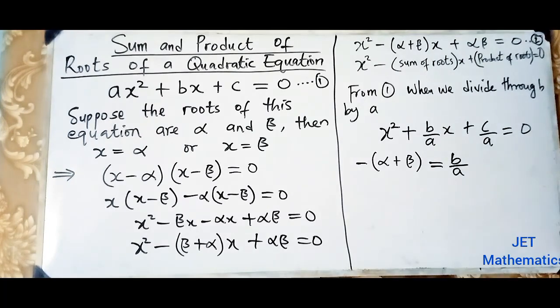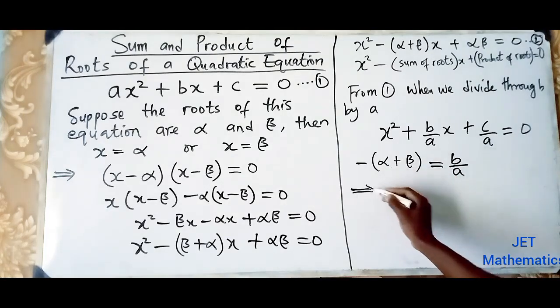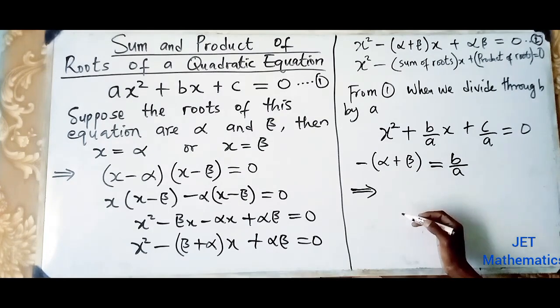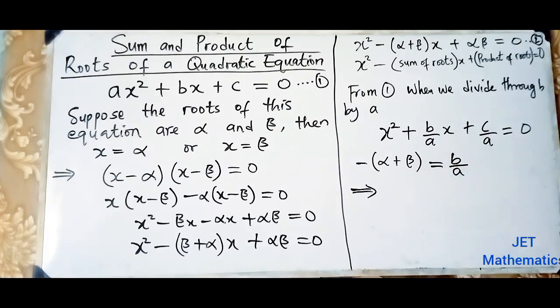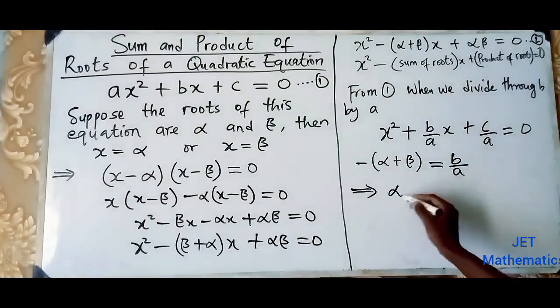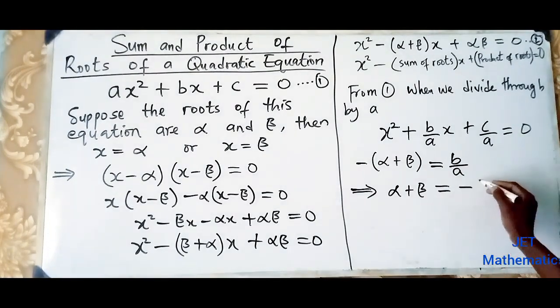But now we can multiply through by the minus sign, so we have alpha plus beta equals minus b over a.